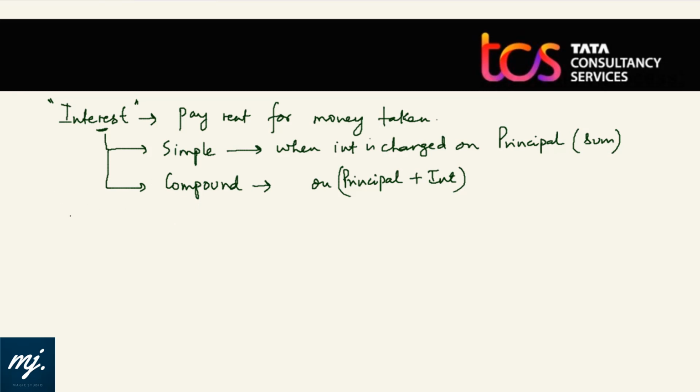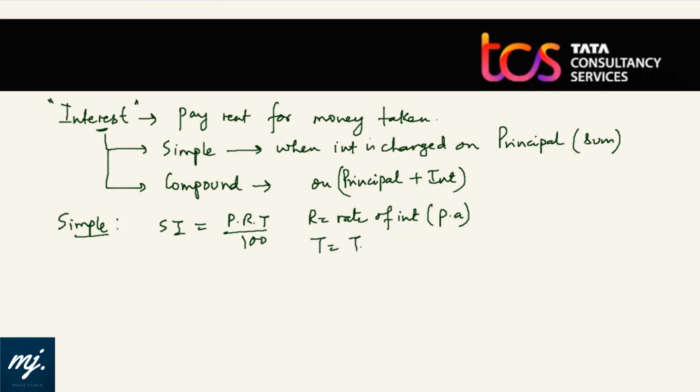We'll start with simple interest, which is actually very simple. SI is equal to PRT by 100. P stands for principal or sum. R is rate of interest, which is generally taken as per annum. If it is monthly, then we need to convert the time into months and so on.